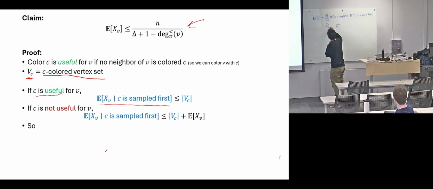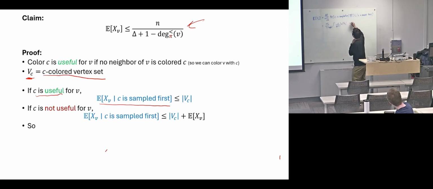When C is useful, this is going to be this thing times C V, then plus C not useful, then 1 over delta plus 1, just from here, and this thing.